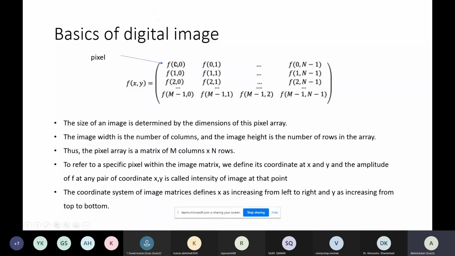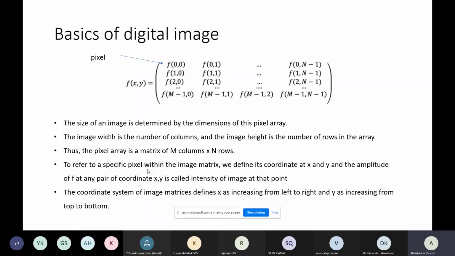So what is this f of 0, 0? To refer to a specific pixel within the image matrix, we define a spatial coordinate, x and y, and the amplitude of f at any pair of coordinates x, y is called the intensity of the image.